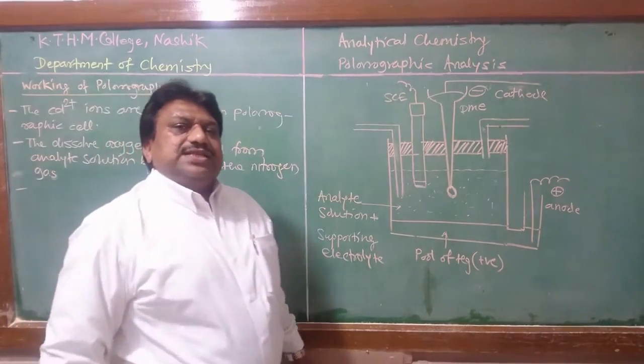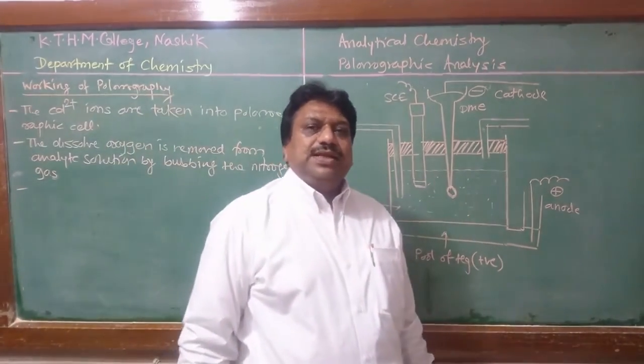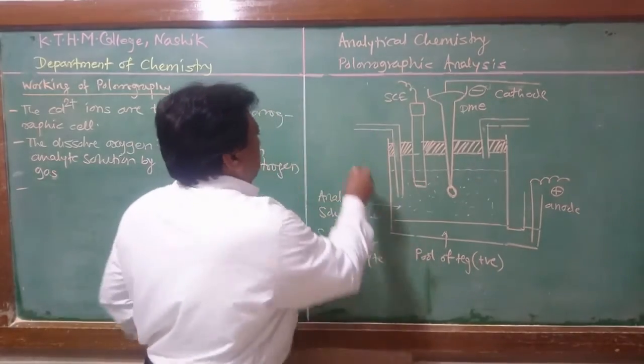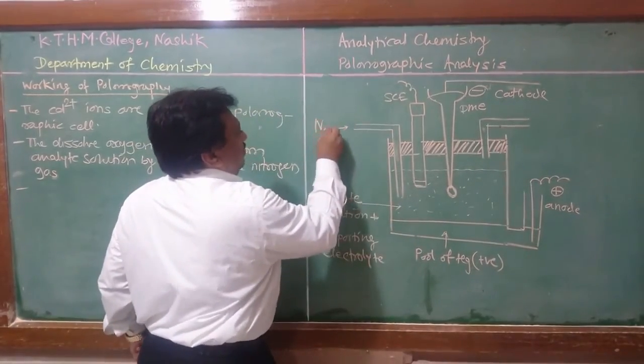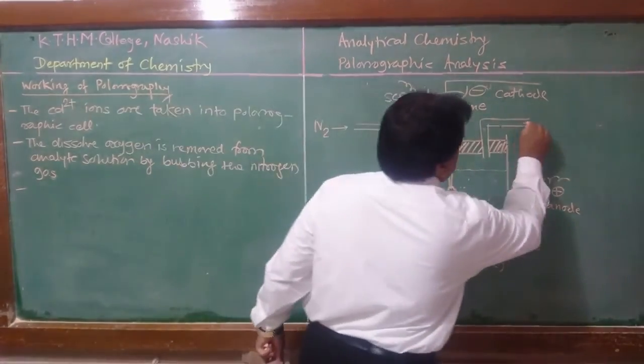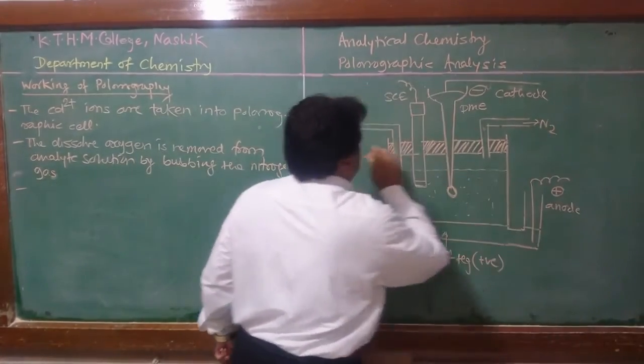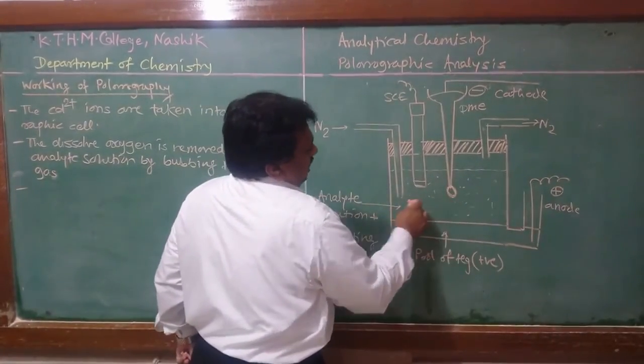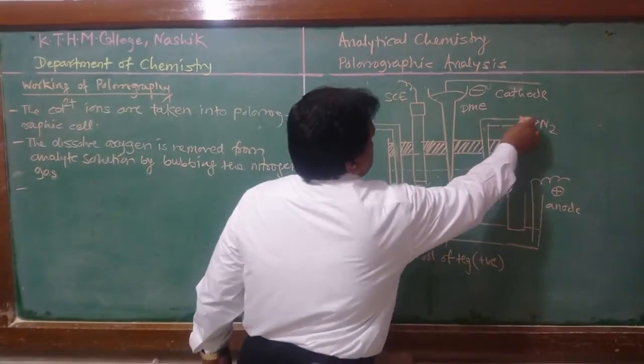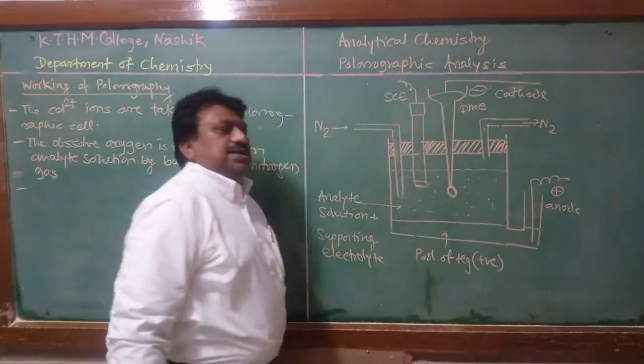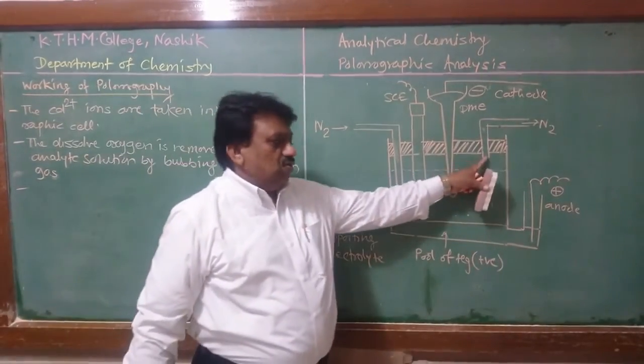The dissolved oxygen can be removed by bubbling the nitrogen gas through this inlet, and here it will be mixed with the analyte solution, and then oxygen or extra nitrogen gas is given out of this outlet.